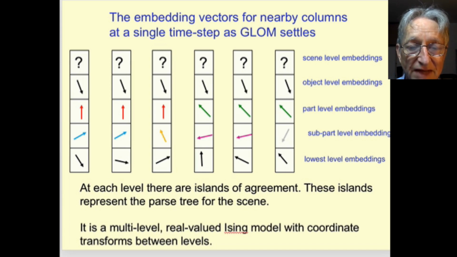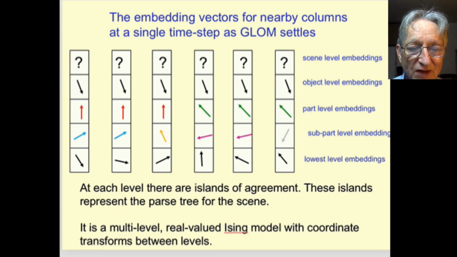At the level below that, for the parts of the face, we'd like each part to have an identical embedding vector. So maybe those red arrows represent the nose and the green arrows represent a mouth. Below the nose, we might have separate subparts for the bridge of the nose and a nostril, for example. And there'll be different embedding vectors, but the whole of the bridge of the nose will be the same embedding vector, even if it occupies many locations.